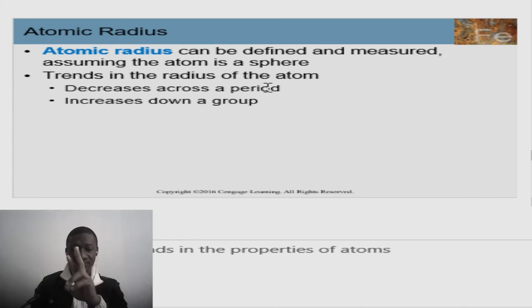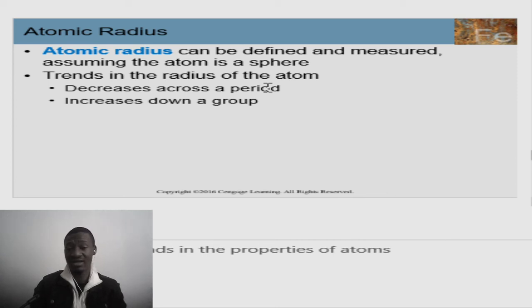Notice that going across, you have more electrons. Going down, you have many more electrons. So hence you have atoms with wider and bigger orbitals.